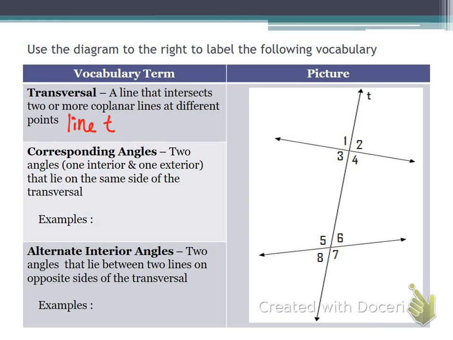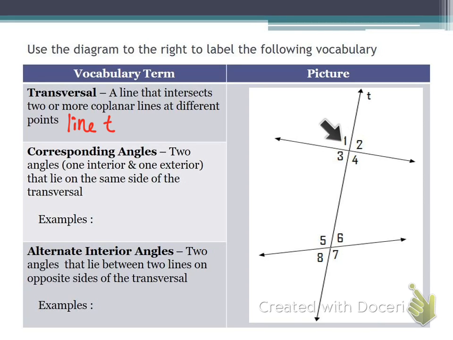Corresponding angles are two angles, one interior, meaning between the lines, one exterior, meaning outside of the two lines, that lie on the same side of the transversal. I don't know that that completely captures it, but it is close. So let's, for example, take angle 1 as being our exterior angle.